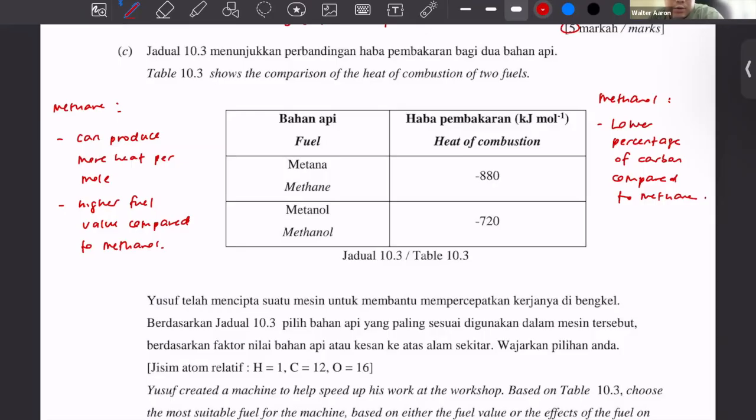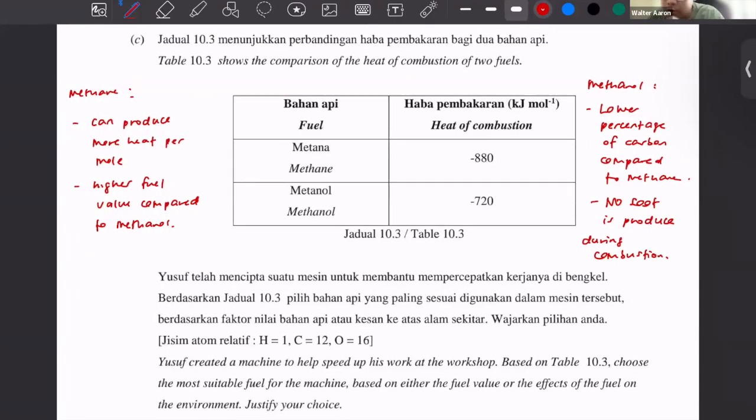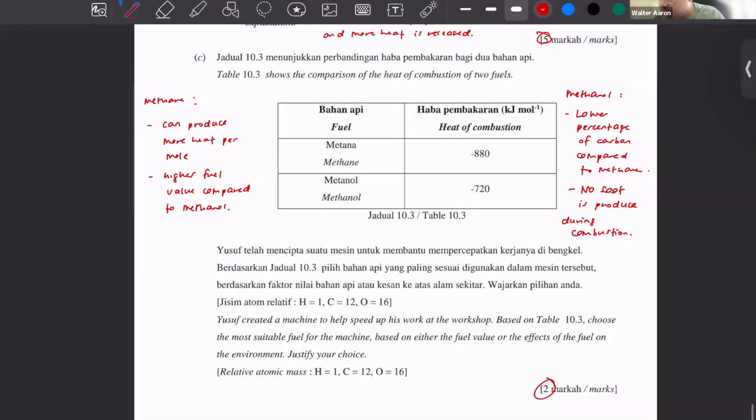Okay, and after that, you can also say that it produces no soot when it is burned during combustion. So I would say it's a more environmentally friendly kind of fuel. So whichever way you try to justify, as long as your answers are logical and rational, you should be able to get marks for it. So I think 2 marks means 2 points will be enough. Then you'll be able to score full.